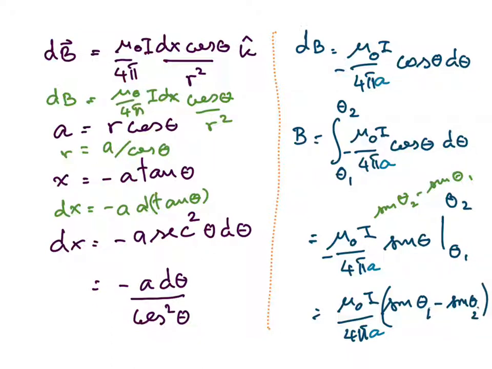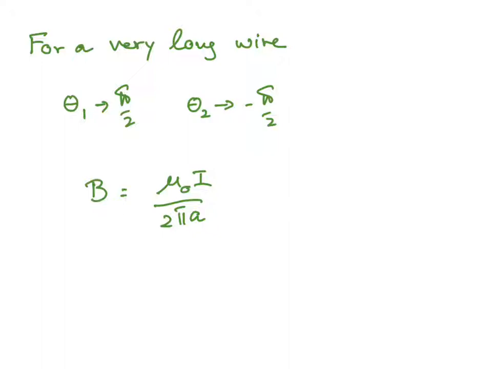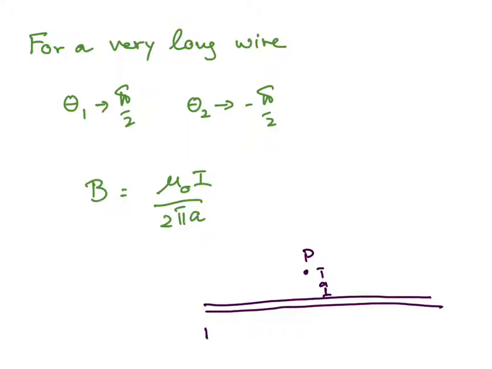Now, the interesting case is if we have a very long wire. When we say it's a very long wire, it means that if you compare the distance a with the distance from the two endpoints, we have x equal to 0 here, and the distance from this endpoint to x0 and from x0 to this endpoint is much longer than a.